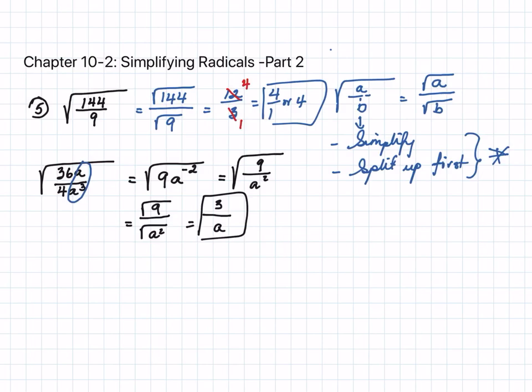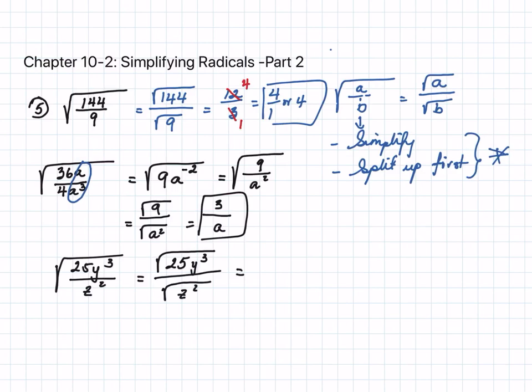One more. I have the square root of 25y to the third over z squared. The numerator and denominator have nothing in common, so I want to split it up: square root of 25y to the third over square root of z squared.